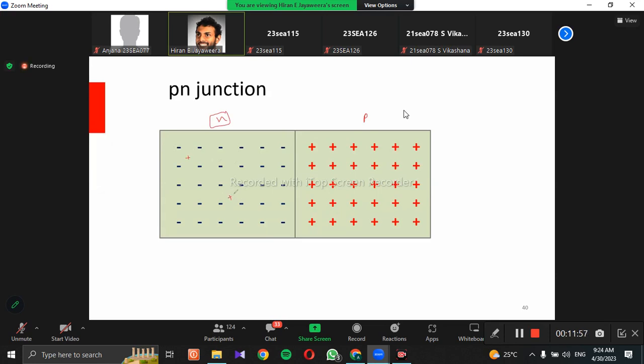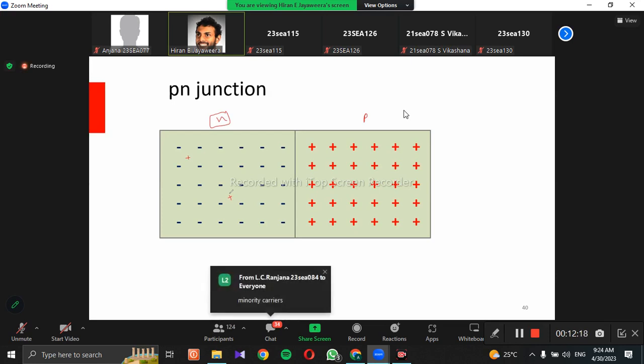Why do we get free holes in the N side? Can someone tell me the answer? Yes, they are minority carriers because of the temperature.